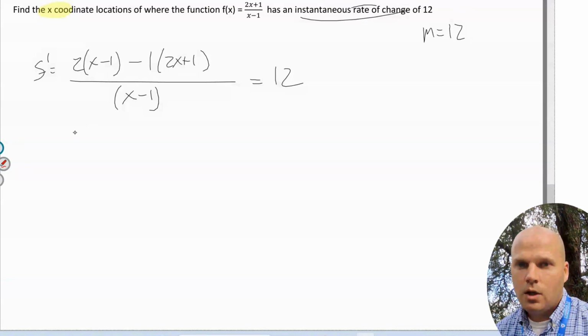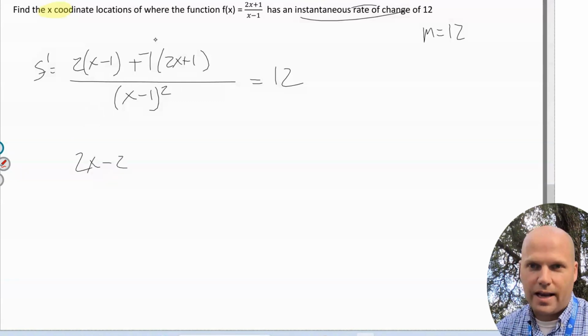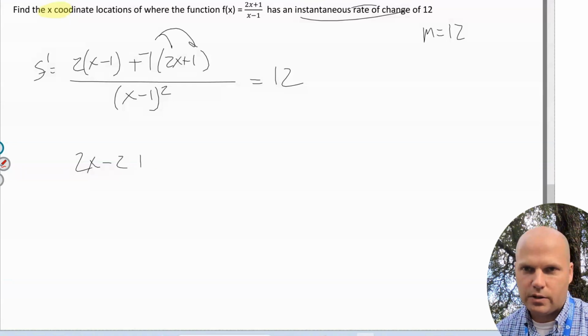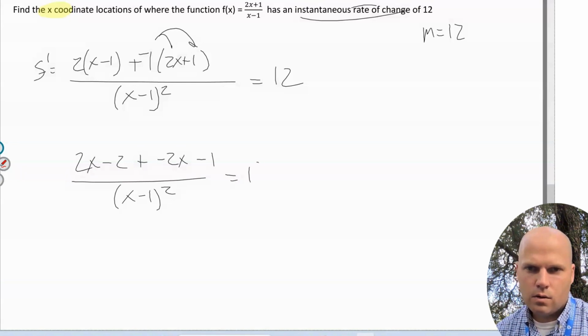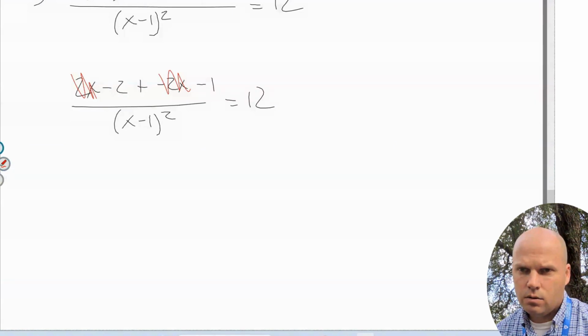All right. We have to simplify. 2x minus 2. Distribute the negative. Use parentheses. Negative 2x minus 1. Negative 3 over x minus 1 squared equals 12.